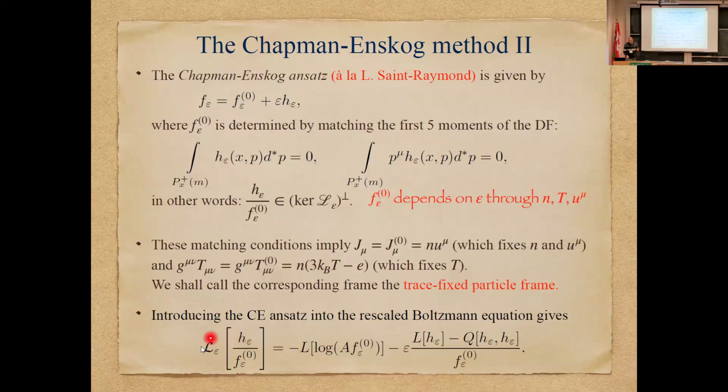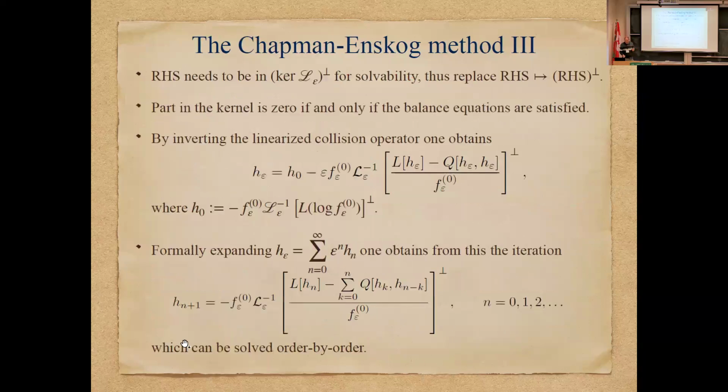What we'd like to do now is to invert the linearized collision operator. But to invert it, remember that the right-hand side has to be orthogonal to the kernel. So the right-hand side needs to be in this space here for solvability.